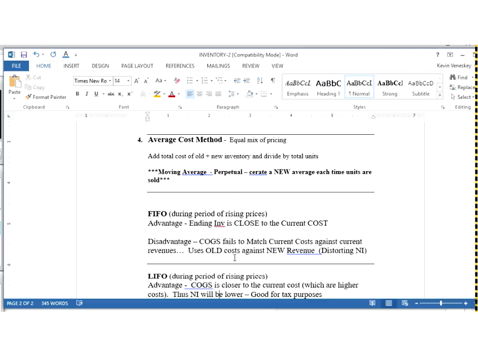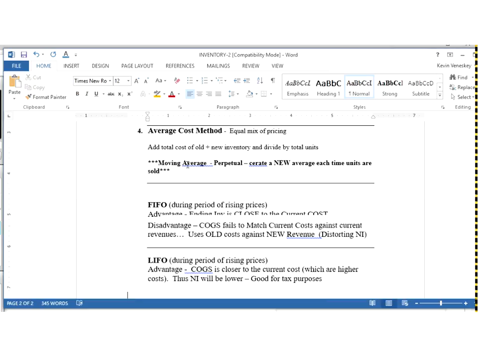We'll explain how to do this with the average cost, but basically what happens is every time I buy new inventory, I'm going to update my inventory and show a brand new average cost for everything. And we'll see how that works.